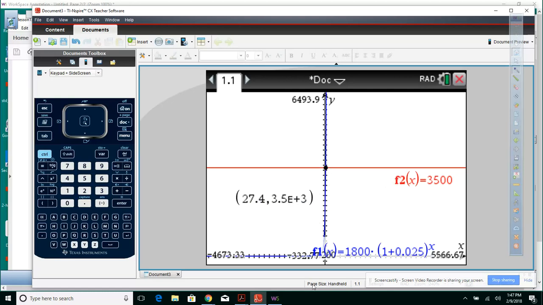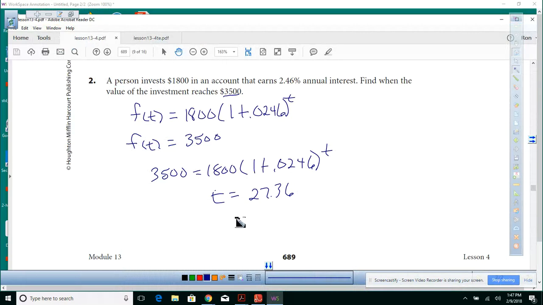Okay, a little rounding in there. Graphing gives you 27.4. Menu 3-1 gives you a more precise answer.